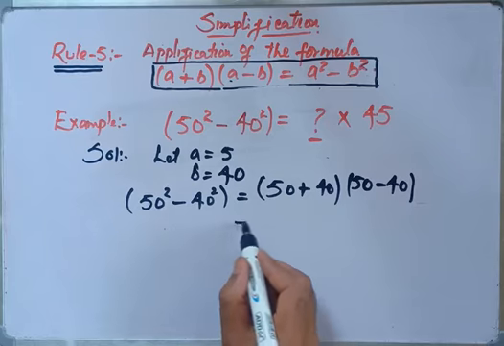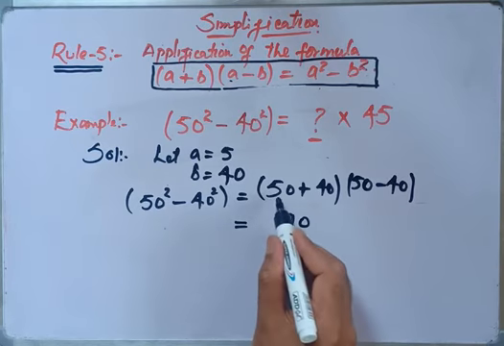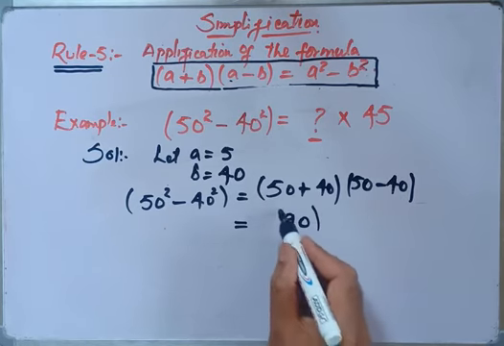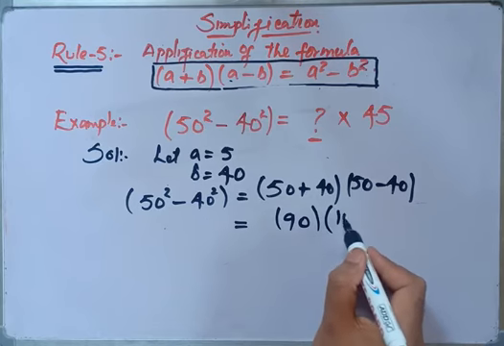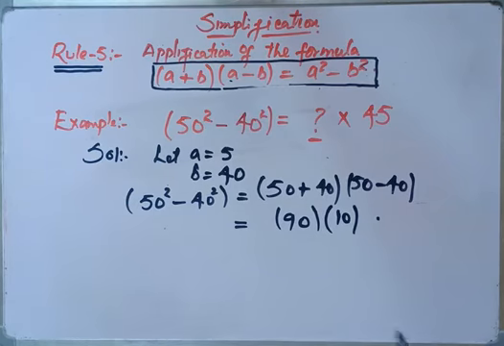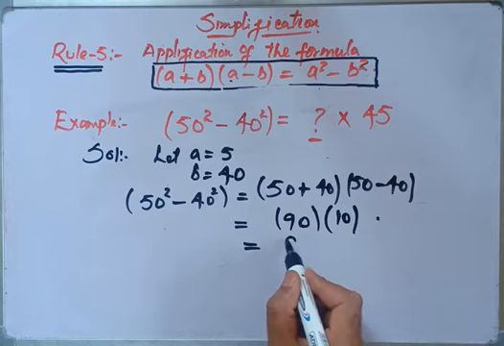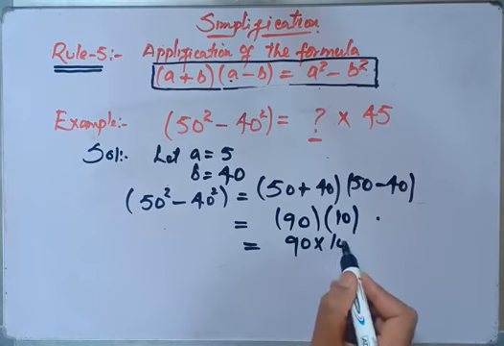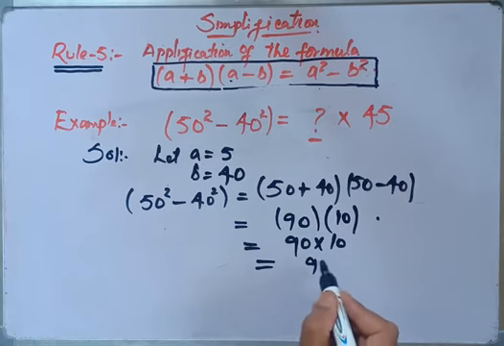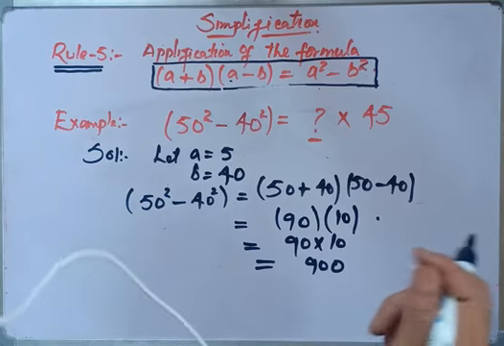Then 50 plus 40 is equal to 90, times 10. So if you multiply these, 90 into 10 is equal to 900.